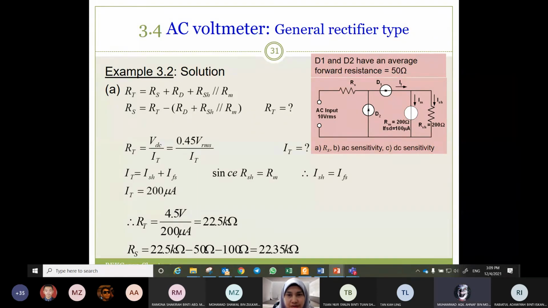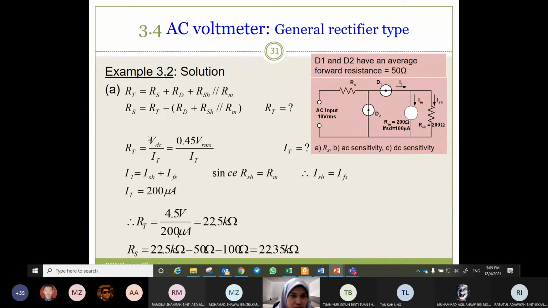Tak ada sebab positif. During the positive half cycle, D2 is off. D2 is open circuit, no conduction for D2. So RS is equal to R total minus the rest of R. We don't know R total, so we have to find R total first.